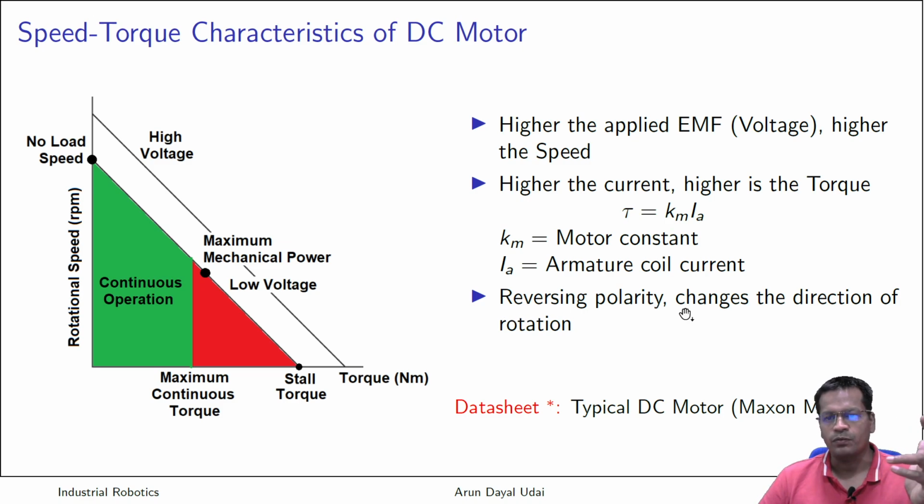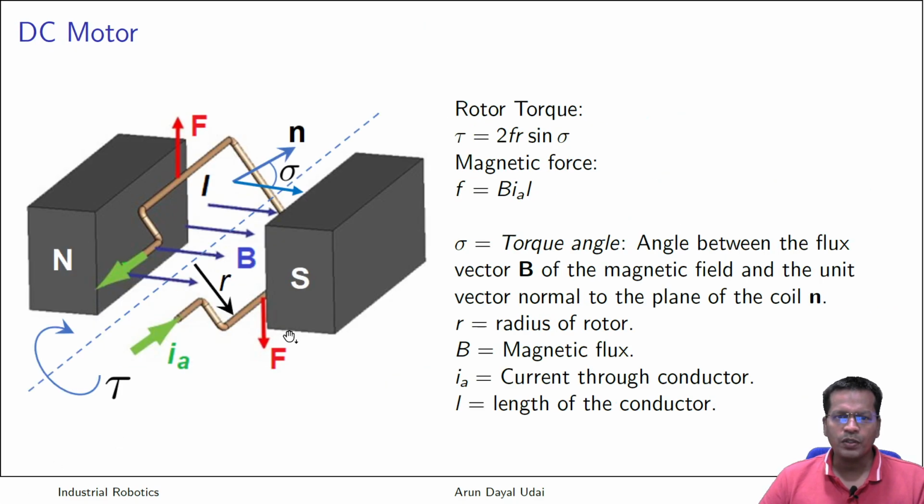Reversing the polarity changes the direction of rotation. You see, I will again come back to this old figure. If you reverse the current flowing through any of the conductors, what it will do? It will simply change the direction of force that is coming on this conductor.